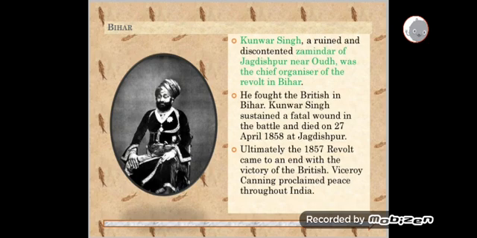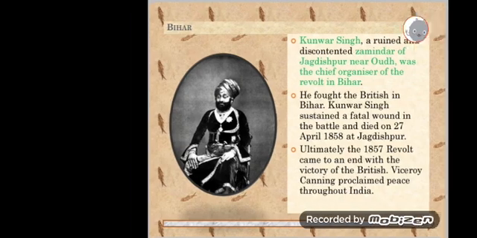He fought the British in Bihar. Kunwar Singh sustained a fatal wound in the battle and died on 27 April 1858 at Jagdishpur. Ultimately, the 1857 revolt came to an end with the victory of the British. Viceroy Canning proclaimed peace throughout India.